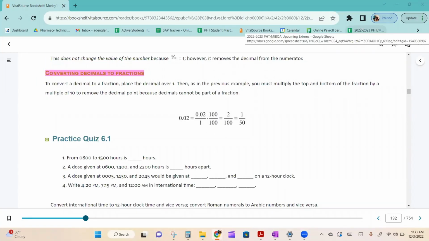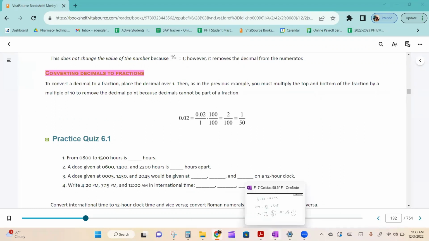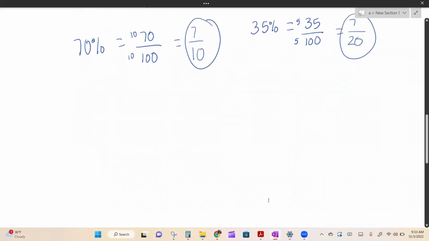All right, so now we're going to convert decimals to fractions. To convert a decimal to a fraction, place the decimal over 1. Then, as in the previous example, you must multiply the top and the bottom of the fraction by a multiple of 10 to remove the decimal point, because decimals cannot be part of a fraction. So you can see that example there, 0.02. Let's do another one.